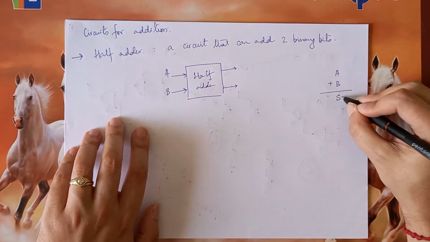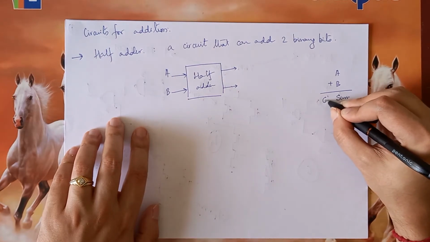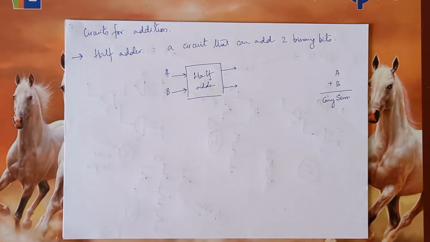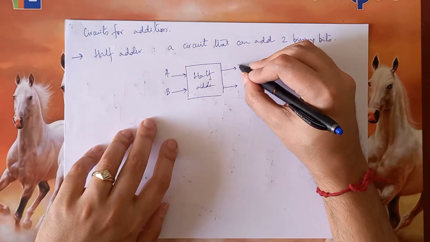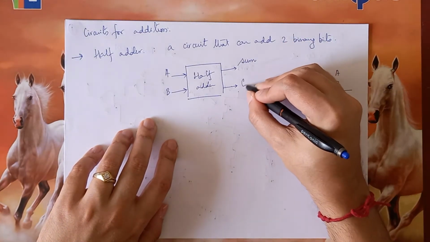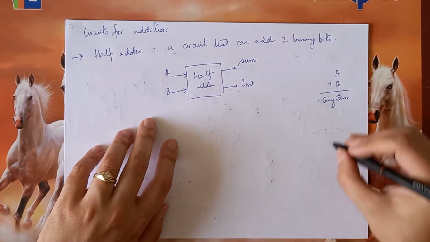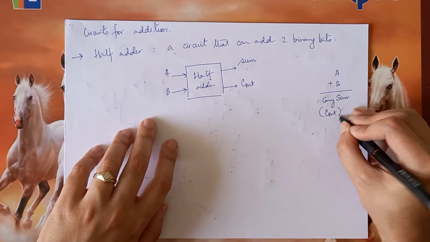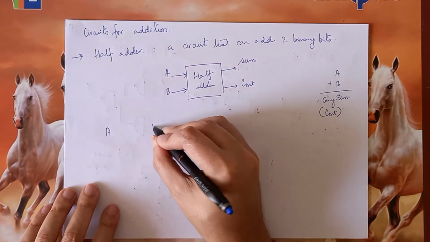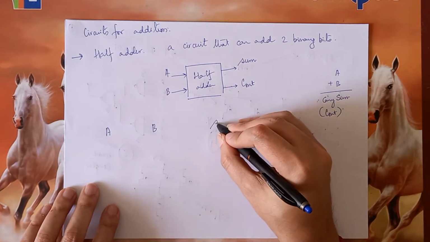One is called a sum, the other is called a carry. So let's call the first output sum, and the other Cout, or the carry out. So we can very easily make a truth table as we have done in the past.